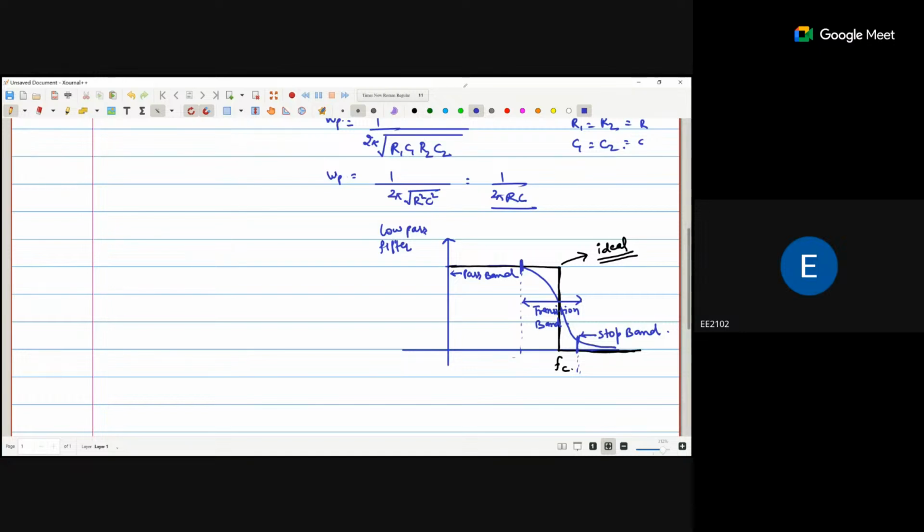What we assume is that if the magnitude of the response is down, for example if this is the one magnitude and it is 1 upon root 2, or we can say the magnitude is down by 3 dB, that particular point is called the cutoff frequency. So this point where the magnitude drops by 3 dB is called the cutoff frequency Fc.